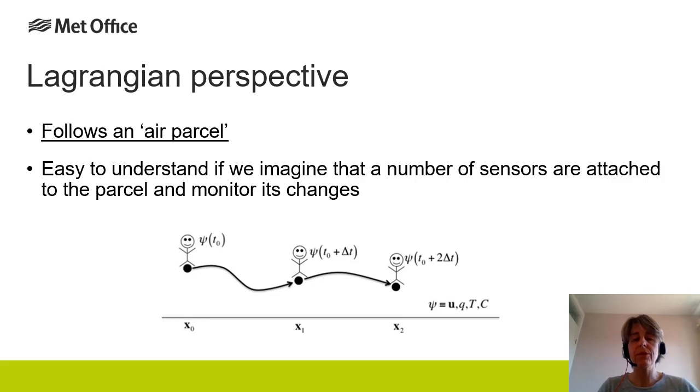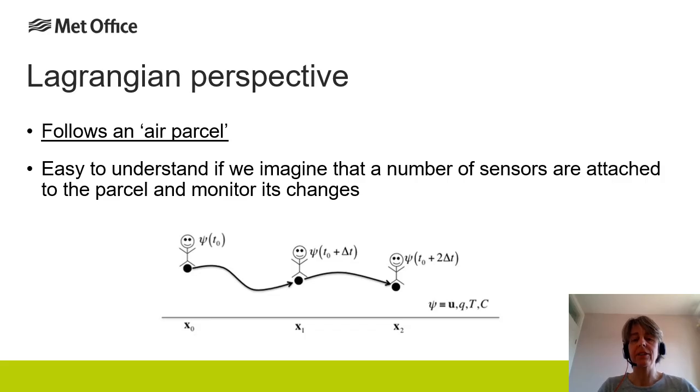And we can move our air parcel within our model according to these meteorological variables over the model time step. At the new point in space and time, we can repeat this procedure and we can track the movement of this air parcel through the atmosphere.